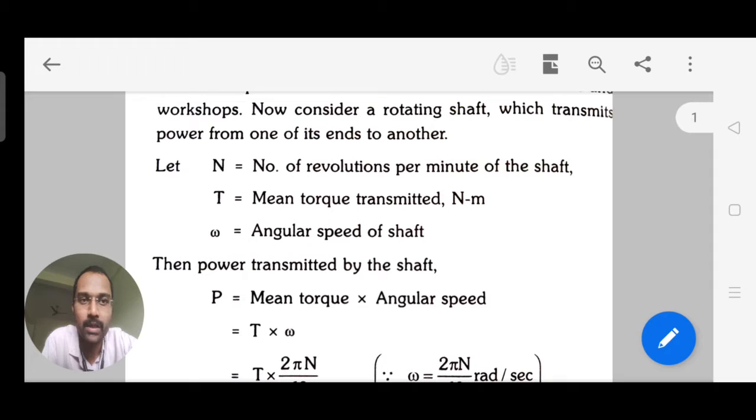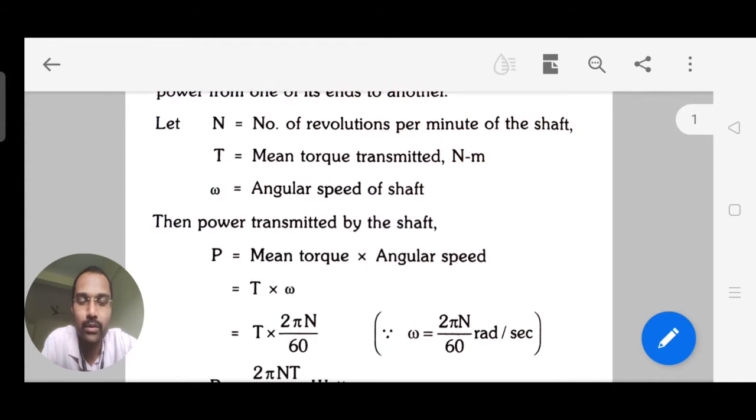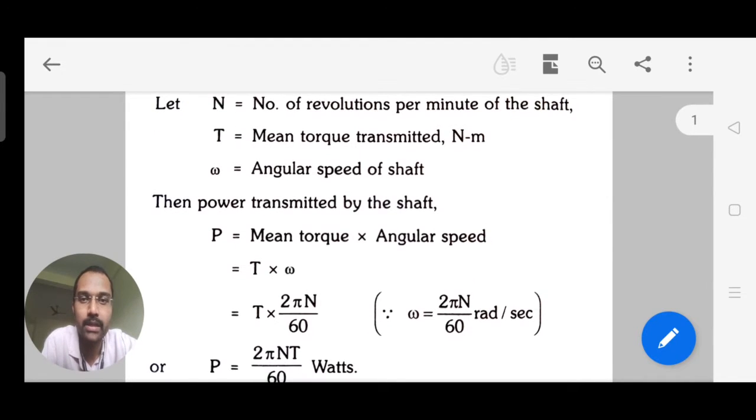relating the two terms, the torque as well as the angular speed. The power transmitted by the shaft is the product of the mean torque and angular speed, that is P equal to T into omega, where T is the mean torque and omega is the angular speed. As we know, omega for a rotating shaft is 2 pi N by 60, with units of radians per second.